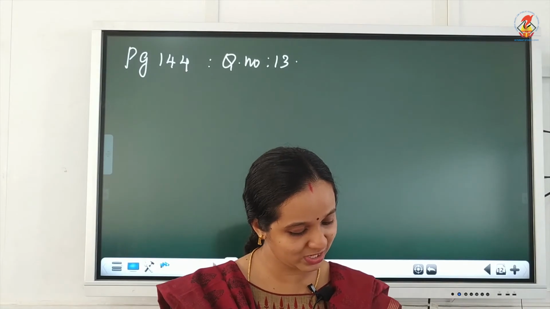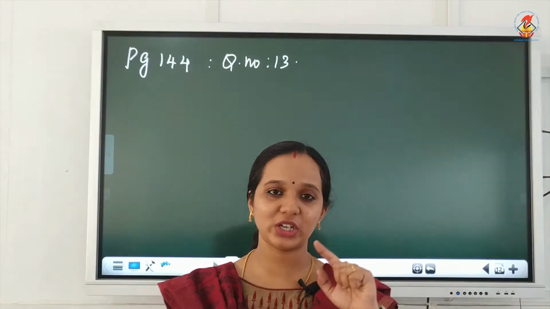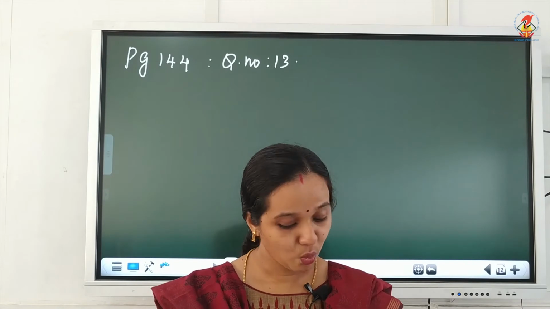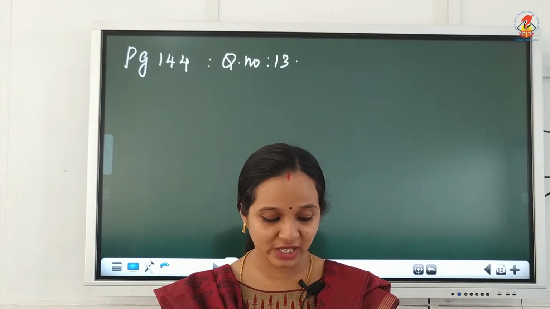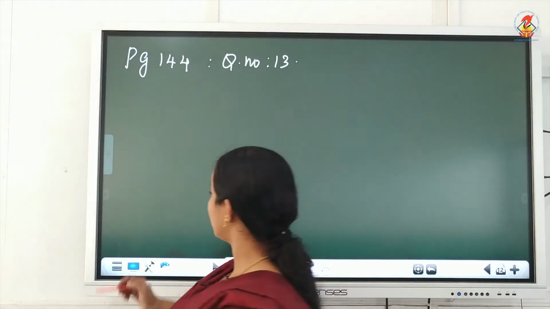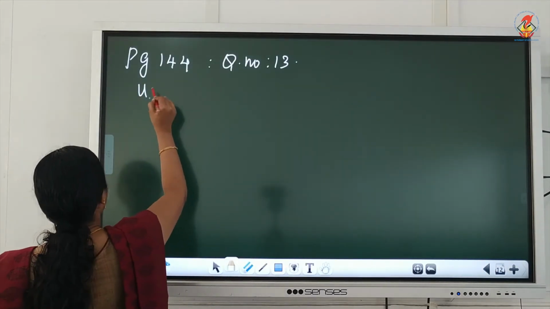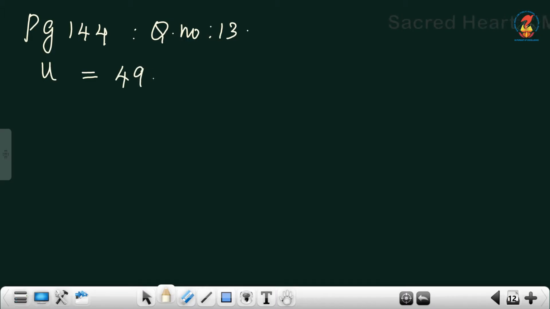In the question, a ball is thrown vertically upward with a velocity of 49 meter per second. So it is thrown with an initial velocity of 49 meter per second, and the ball moves upward.